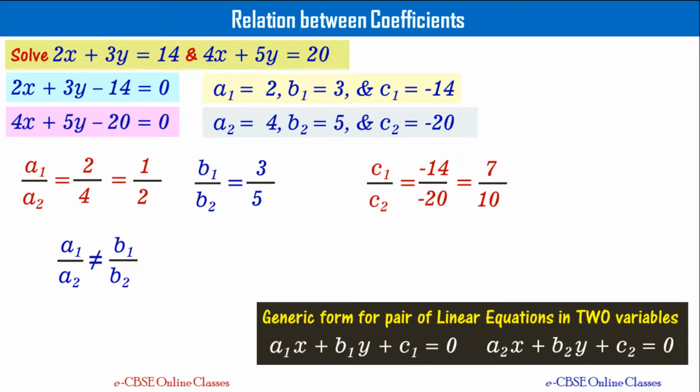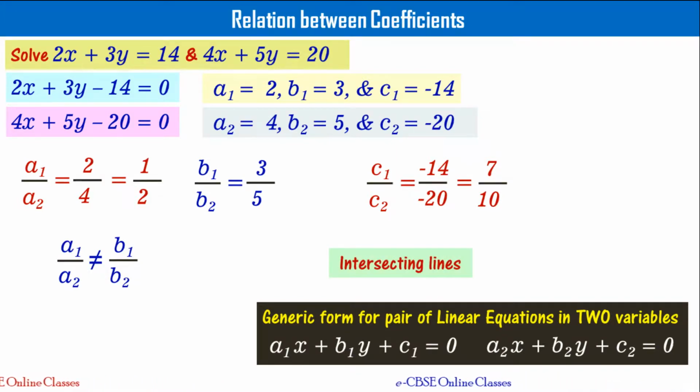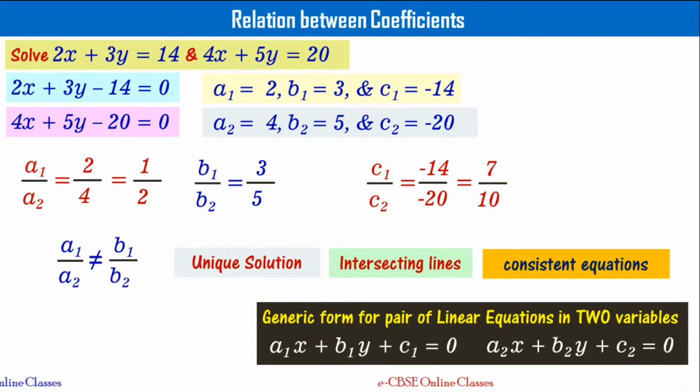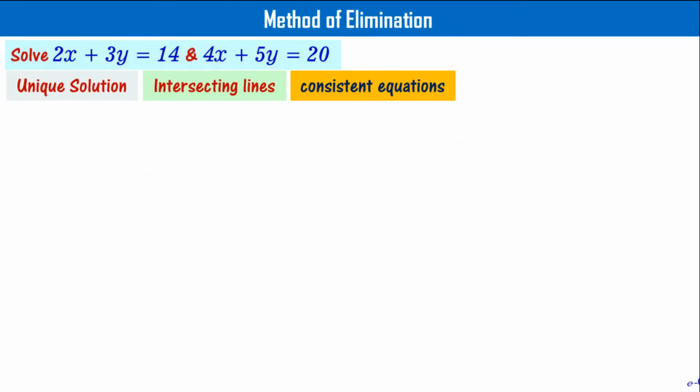When a1 by a2 is not equal to b1 by b2, we know that those lines are going to be intersecting lines. Means the lines corresponding to the given equations will be intersecting lines, and the equations will have unique solution, and they are said to be consistent set of linear equations. Let's take a note of that and apply elimination method to solve these equations.